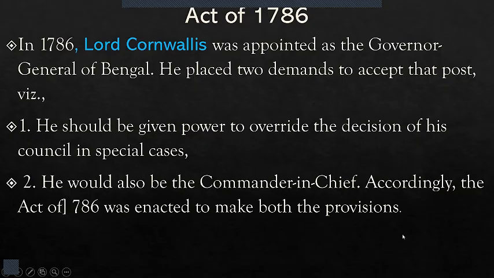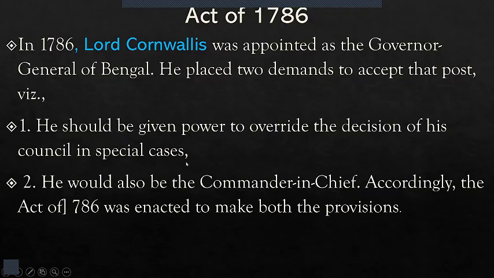So what happened was in 1786, Lord Cornwallis was appointed as the Governor General of Bengal. When he was appointed, he wanted to make sure everything was up to his standards. So he wanted special power, or supreme power over everything. He wanted to be given power to override the decision of the council in special cases.